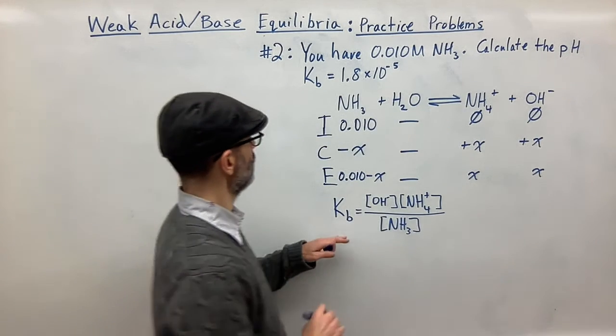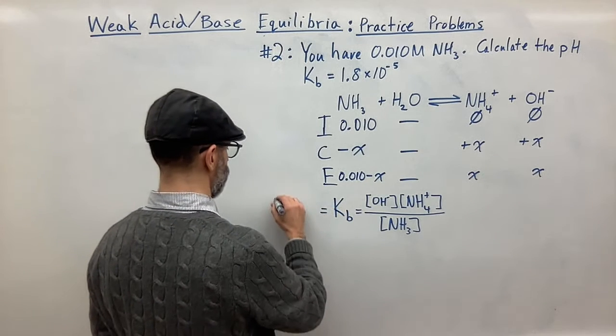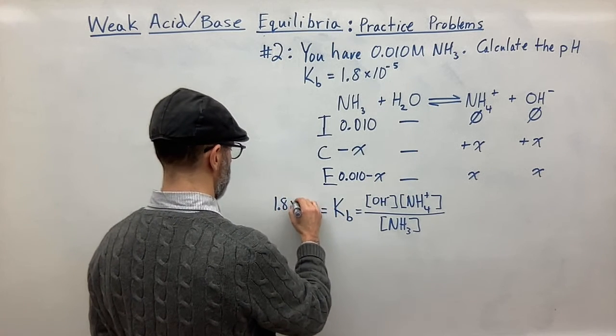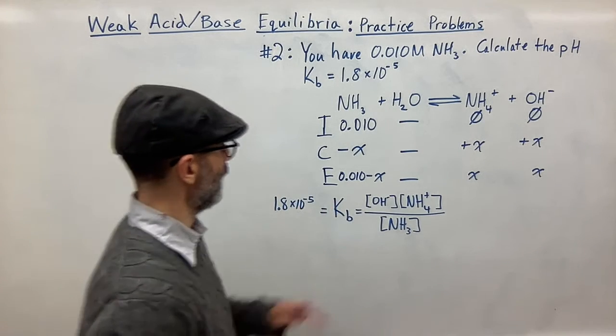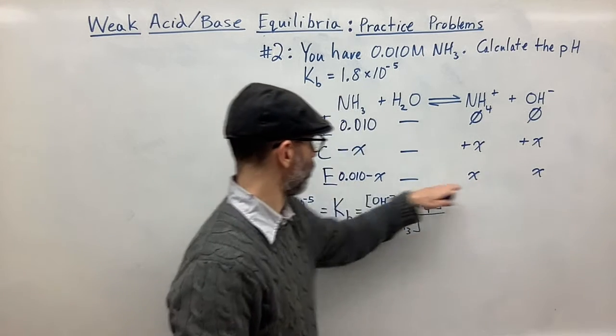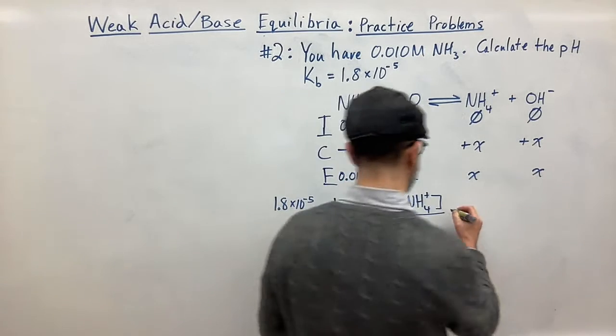And so this is equal to the Kb, of course, which is again equal to 1.8 times 10 to the negative 5. And now we can plug in our equilibrium concentration expressions in terms of x.